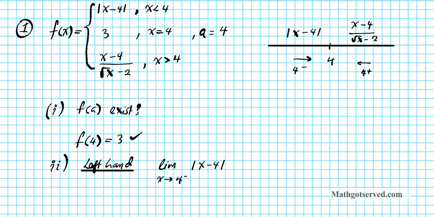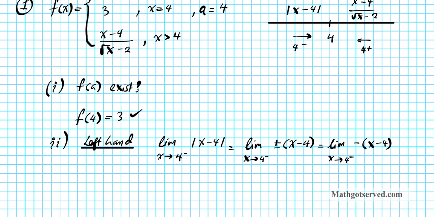Okay, so this becomes the limit as x approaches 4 from the left of plus or minus x minus 4. Now, since we're approaching 4 from the left, this absolute value quantity is going to have a negative sign. Okay, so this is equal to the limit as x approaches 4 from the left of negative x minus 4.